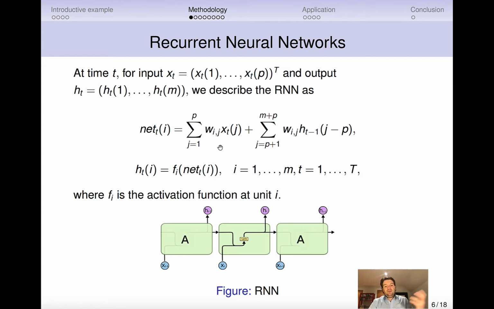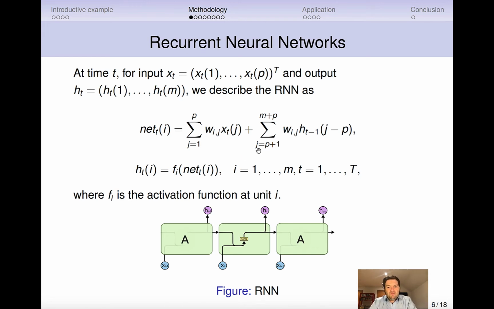That means the input. This is classically what we have in a neural network, the net of a neural network, but here we also have an enrichment from the past. And what is the past? This is the output at time t minus 1, the output of the neural network just at the previous step.